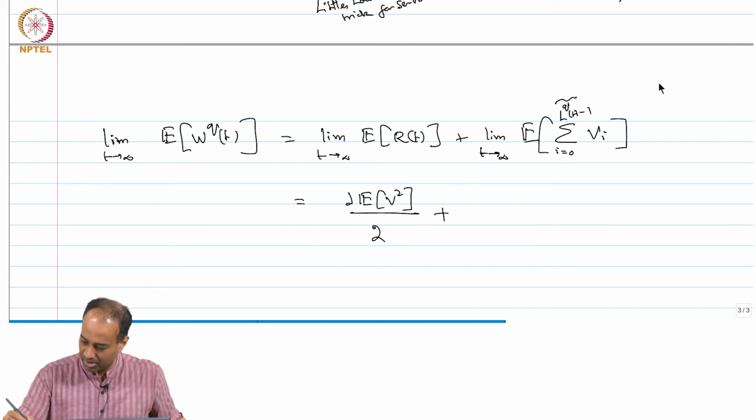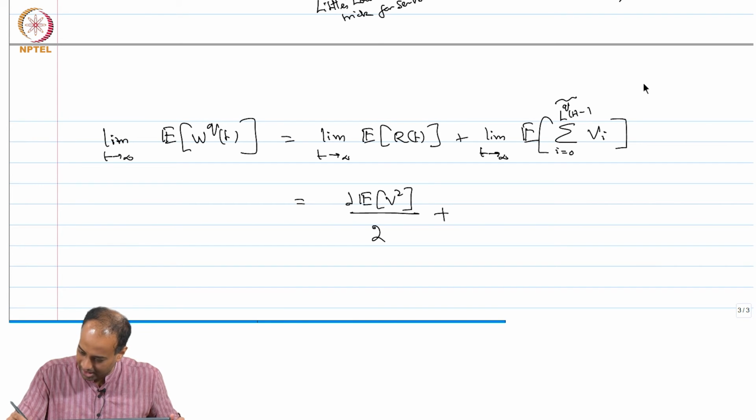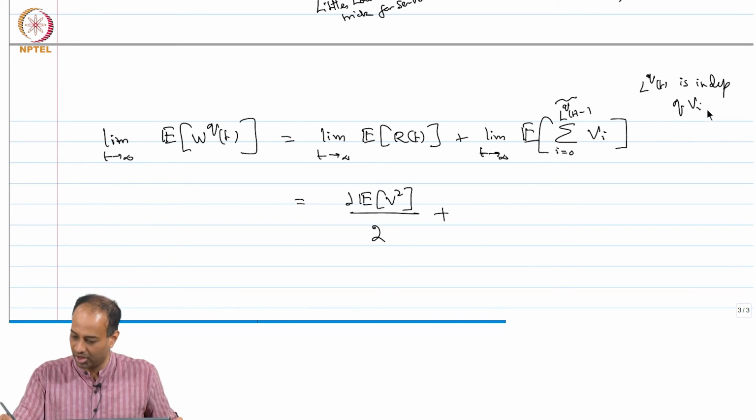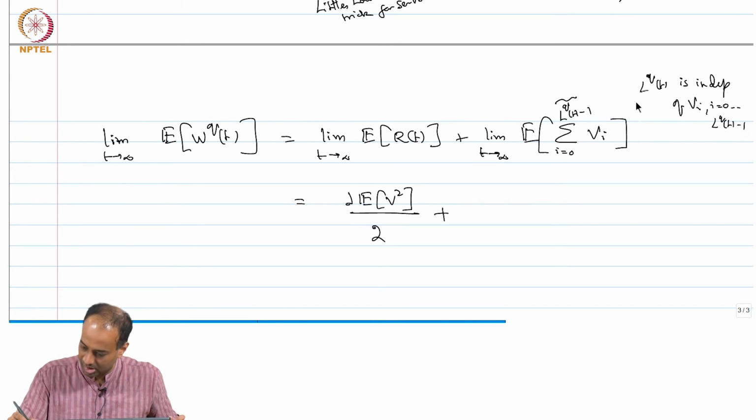So, the issue is that LQ(t) is independent of Vi for i equal to 0 to LQ(t).